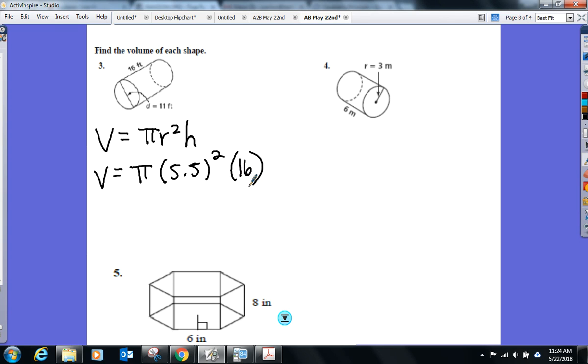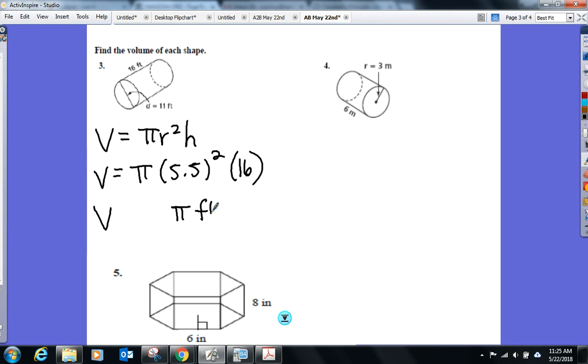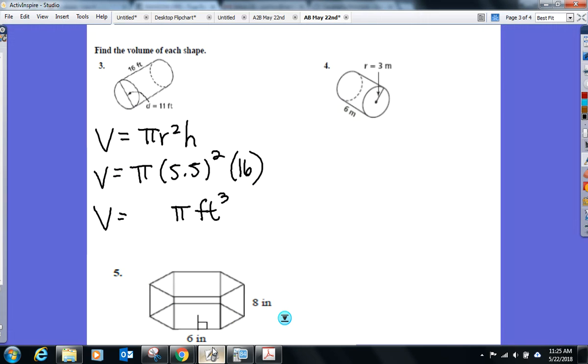Leave it in terms of pi for me. Leave the pi in the answer. In terms of pi, here you go. Got it.